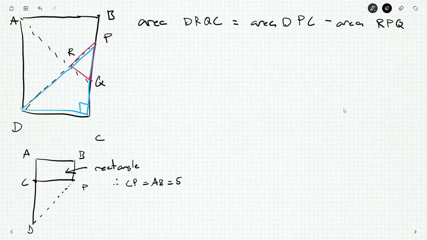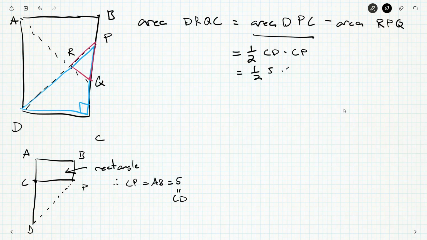In fact, since the original sheet of paper was a rectangle, I also know CD is 5. So I can figure out the area of DPC right away. It's 1/2 base times height, which is 1/2 times 5 times 5. So now I just need the area of RPQ, and I think that's where we're going to have a little bit of work to do.